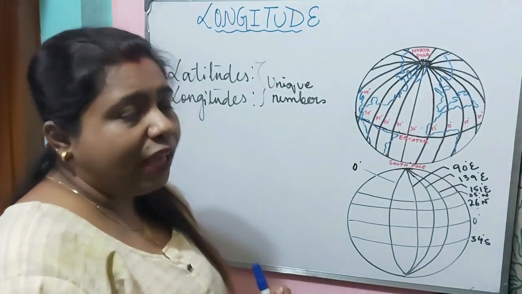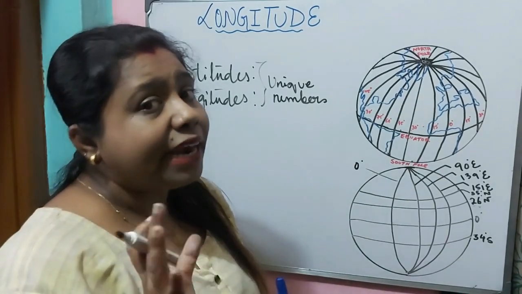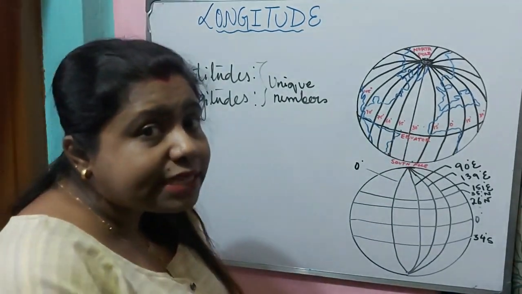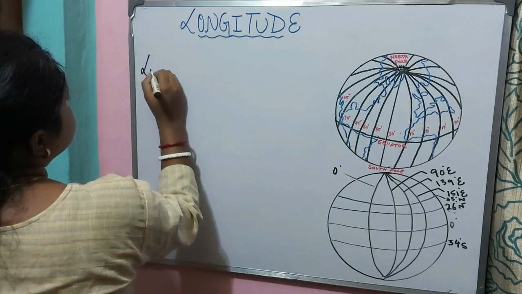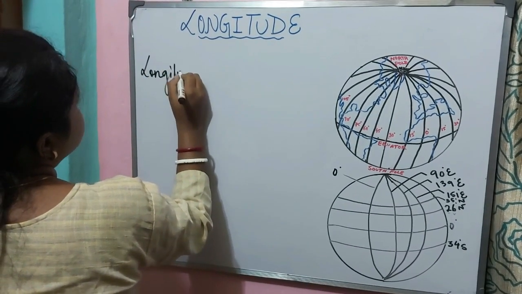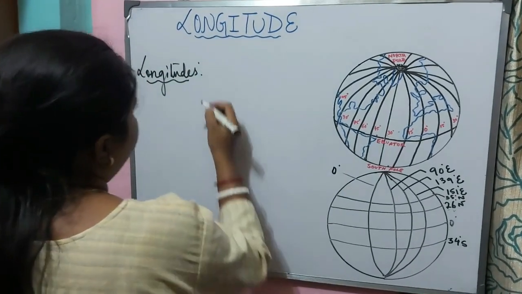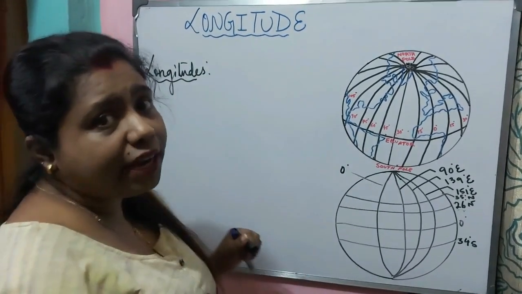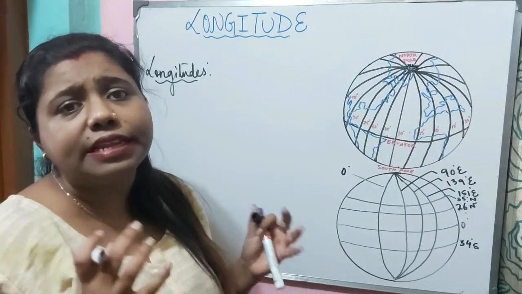Now, we have already learned about latitudes. Let us first understand the concept of longitudes. What are longitudes? What is the definition of longitude? Longitudes are again imaginary lines. We know that all these lines are imaginary, not real in the sense.